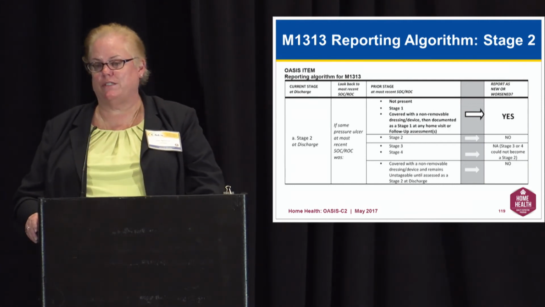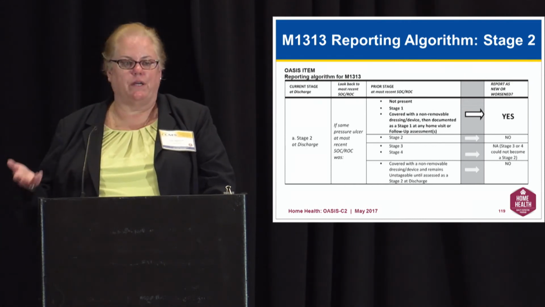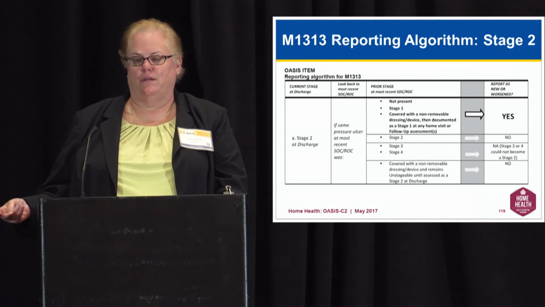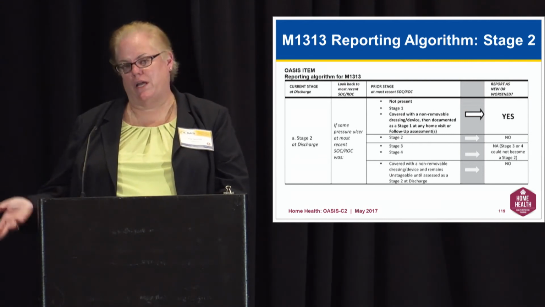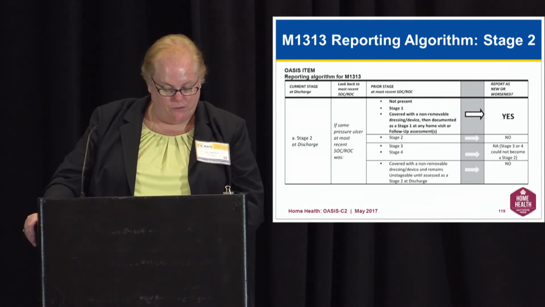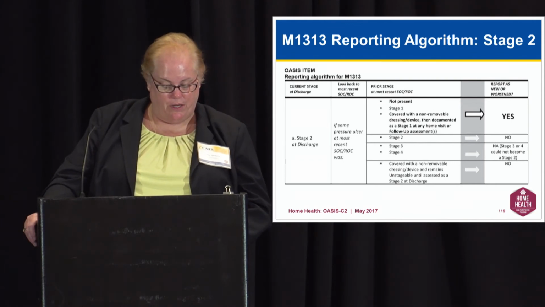If it wasn't present before and it's there now, it's new. If it was a stage 1 and now it's a stage 2, it's worsened. If it was covered with a non-removable dressing or device, or documented as a stage 1 at the home visit or follow-up assessment, then it goes through stage 2, 3, 4, and all the way through.